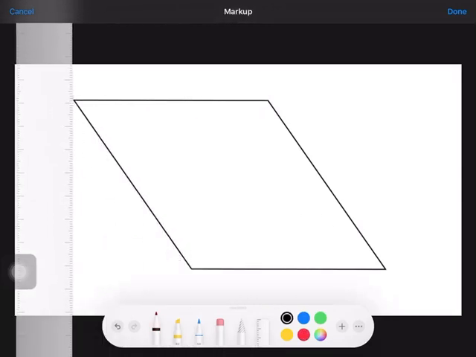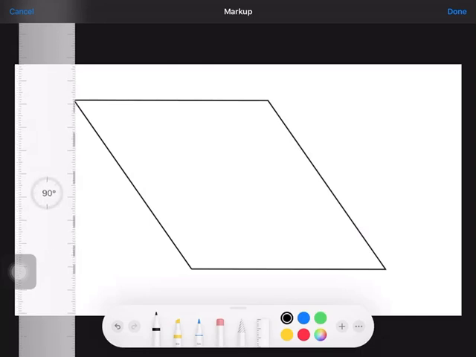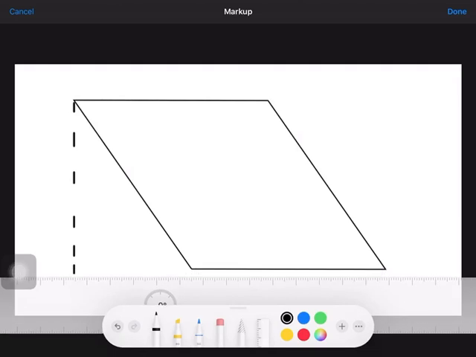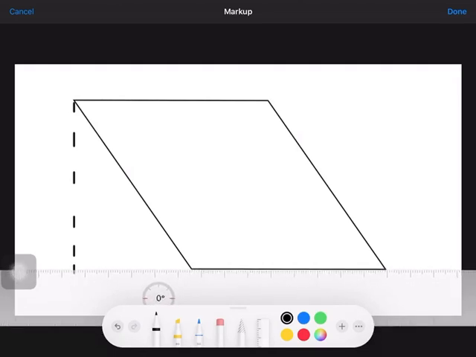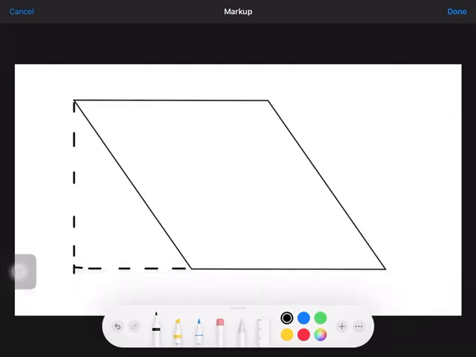If I did this, I still have a 90-degree angle between my base and my height.